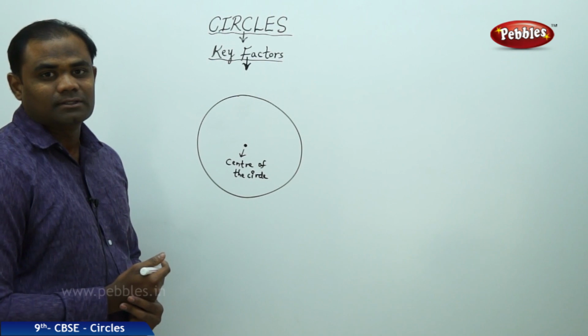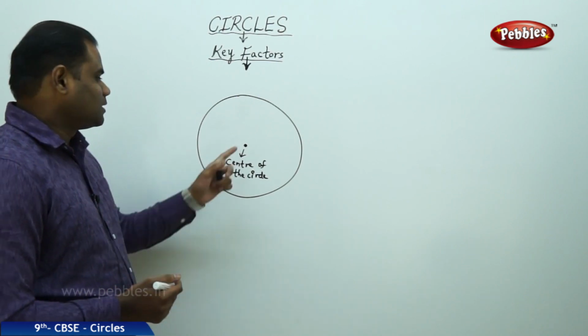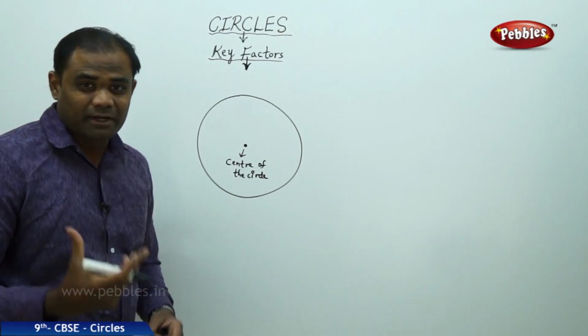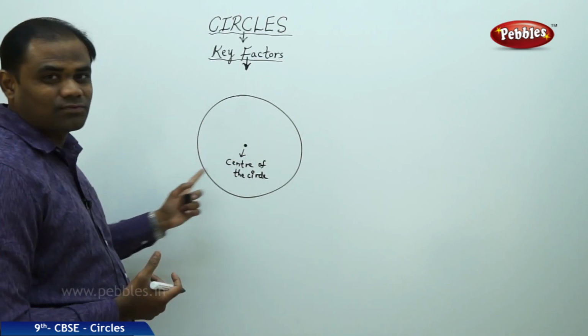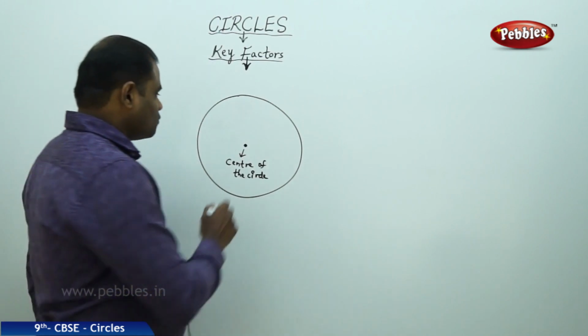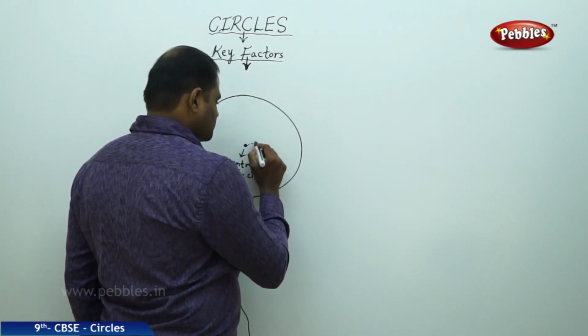Next comes the fixed distance. The second property we have identified in the mathematical definition is that this point is at equal distances from any point on the circle. So what is that equal distance called?